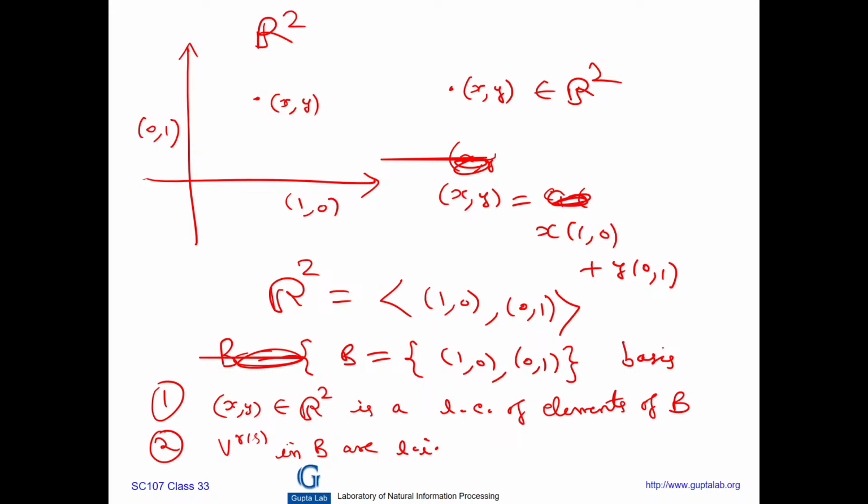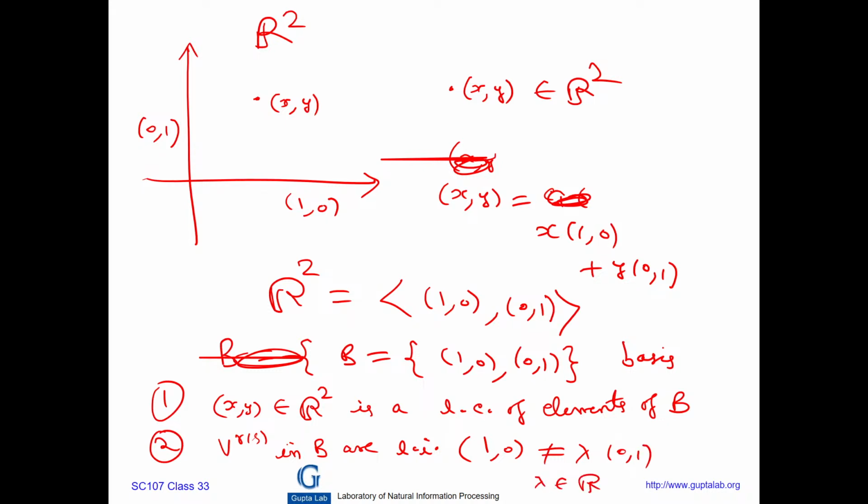What do you mean by linearly independent? If I take one vector, it is not a linear combination of the other, meaning one is not a scalar multiple of the other, they are linearly independent. That means if I take a linear combination of two vectors and put it equal to 0, those scalars will be 0. So linear independent means (1, 0) is not equal to lambda times (0, 1) for any lambda in R. Do you agree with this?